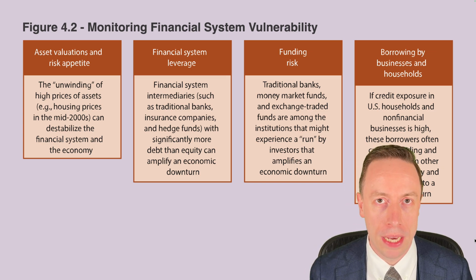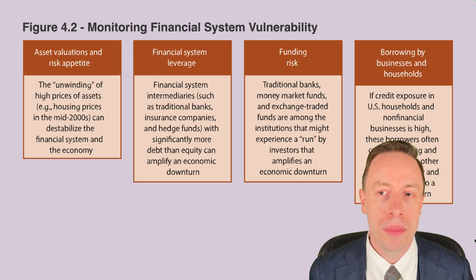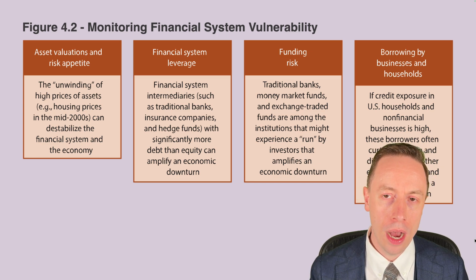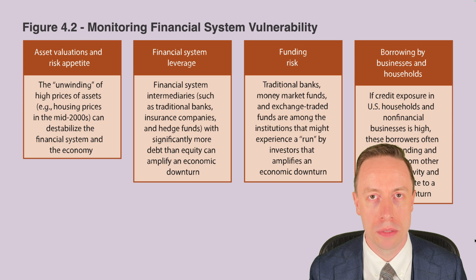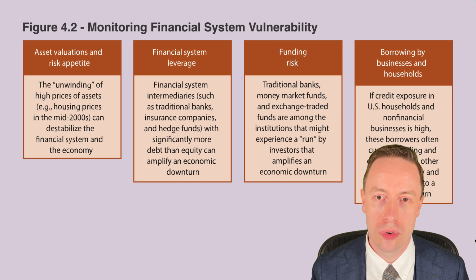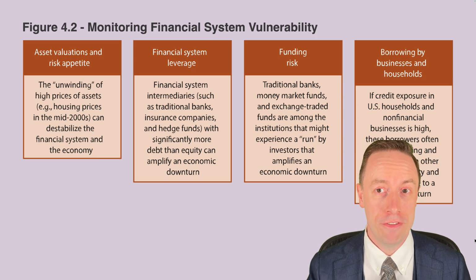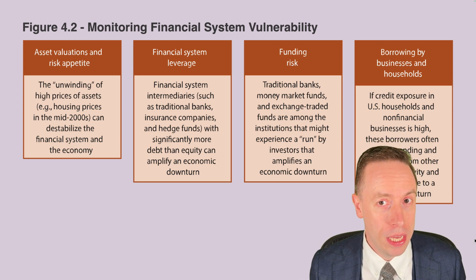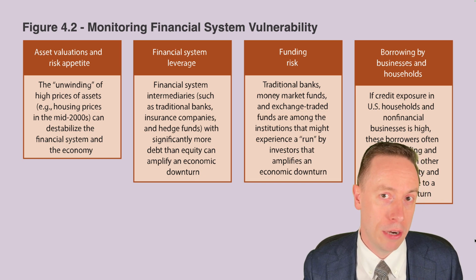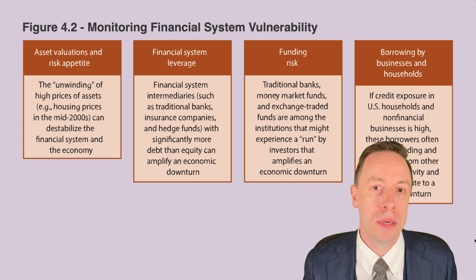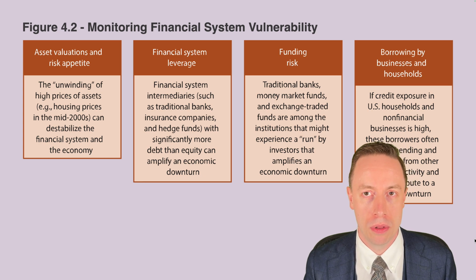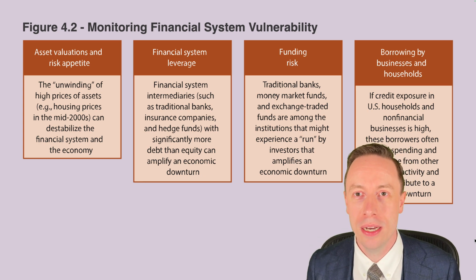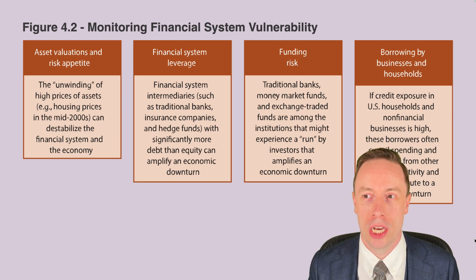And it's not just banks that serve these purposes. There are also other types of funds, such as money market funds and exchange traded funds, that provide liquidity to our financial system. If these funding channels become unavailable, an otherwise sound business might go under because it can't manage its cash flow. So the Federal Reserve keeps an eye on those funding channels.